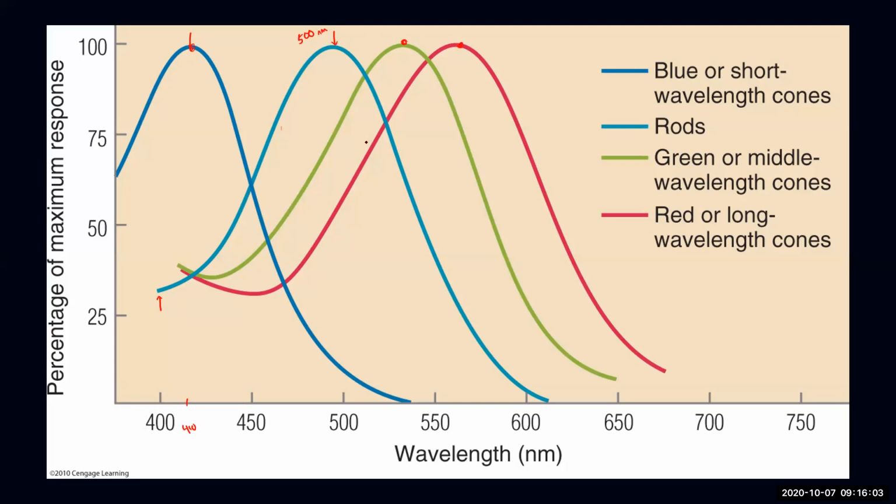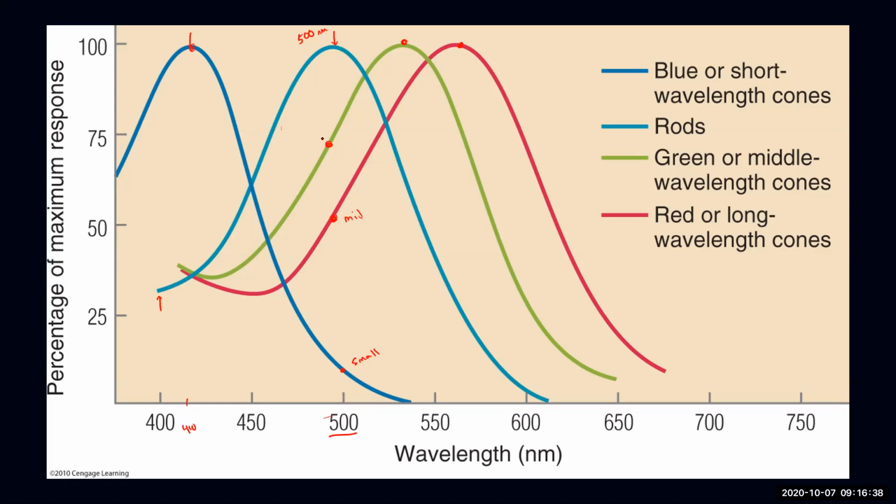Let's say I shine 500 nanometer wavelength light. Which cone will respond? Well, my short wavelength, small response. How about my long wavelength? They'll respond, sort of a middle response. How about my middle wavelength cone?